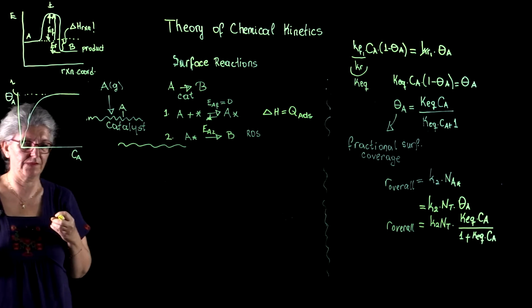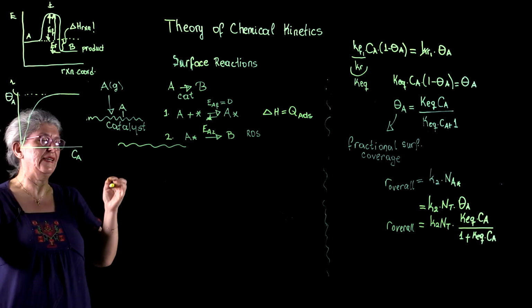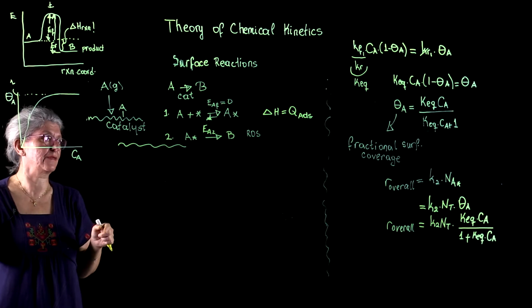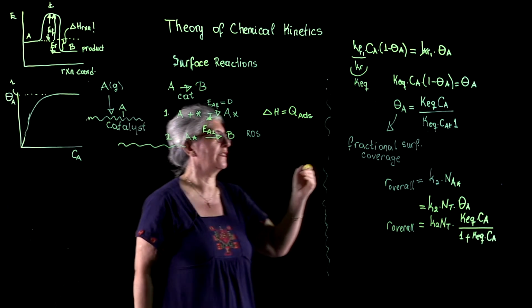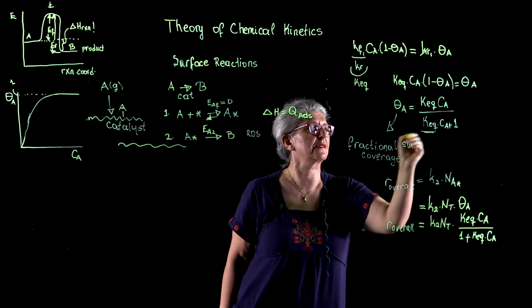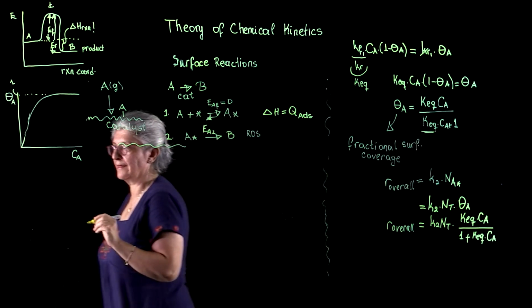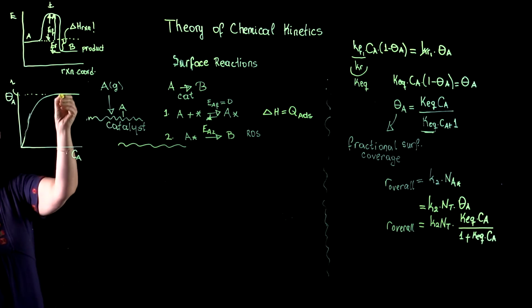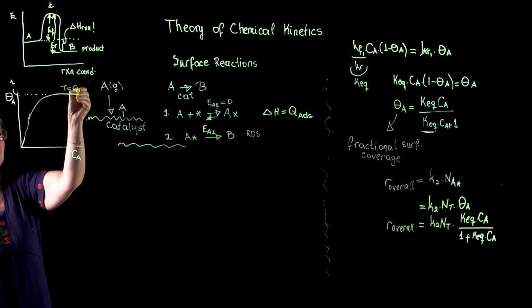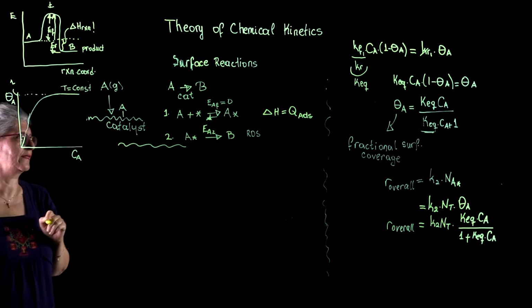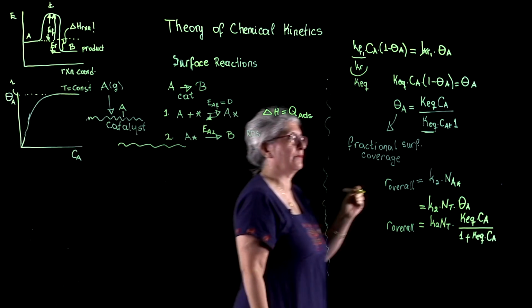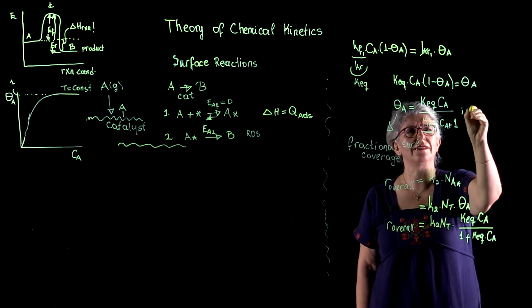It is called the isotherm because we keep the temperature constant. As a result, we maintain the equilibrium constant. The functionality of equilibrium constant and temperature, if you remember, was something like this.